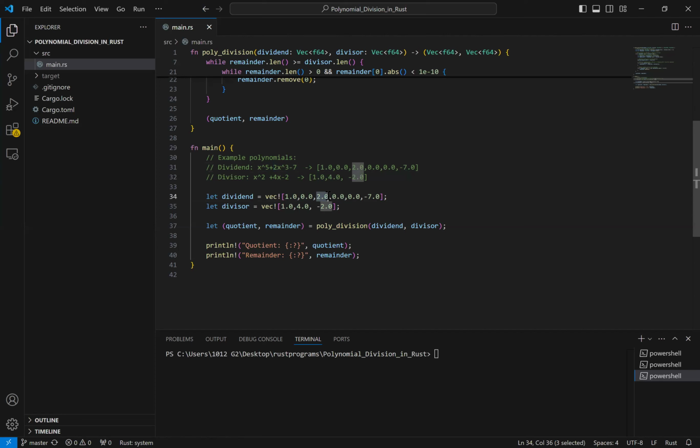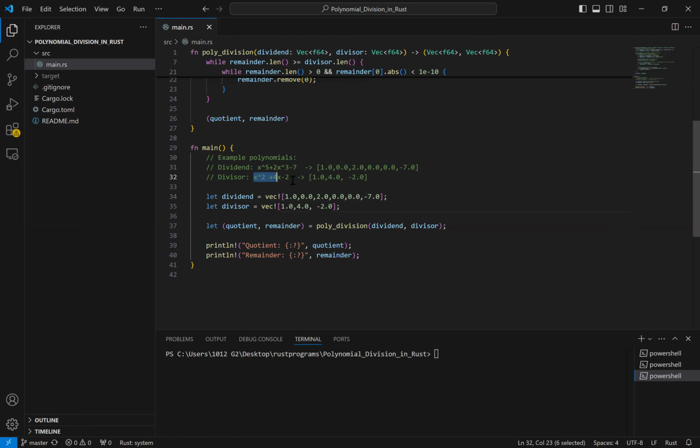The coefficient is 2. When x is raised to 2, it is not there, so it's 0. When x is raised to 1, it is not there, so it's 0. When there's no x, you have -7. So that's how you enter your values in vector form.